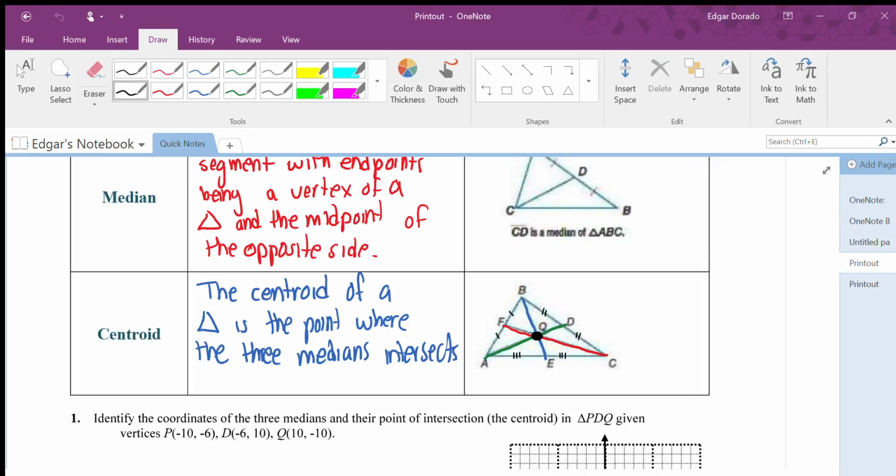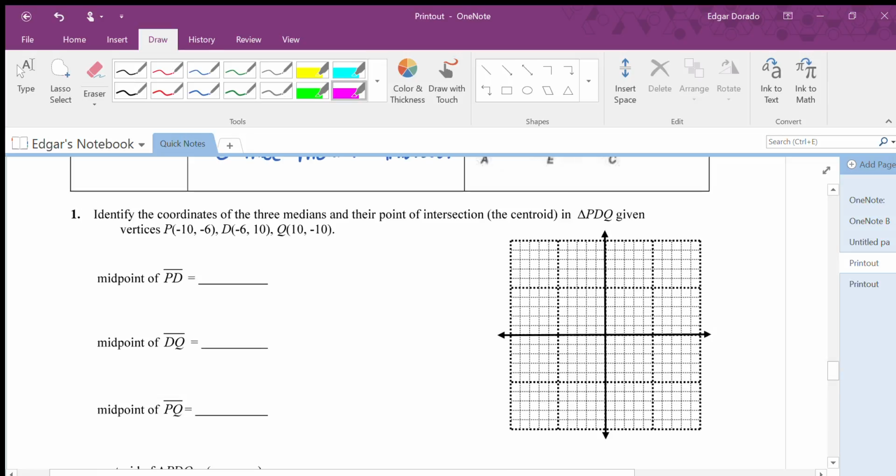So that's the definition of a median and a centroid. We can use those definitions in a second as we tackle a few of these problems.